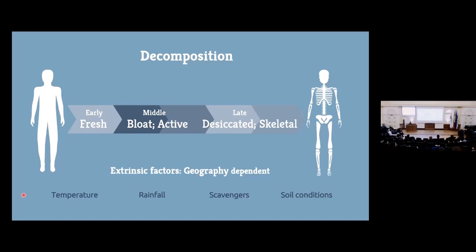The process of decomposition is actually governed by several intrinsic and extrinsic factors. To name a few, there's temperature, rainfall, presence of scavengers, and soil conditions. Because all of these factors depend on the geographical location, it becomes important to conduct these studies at different geographical locations.